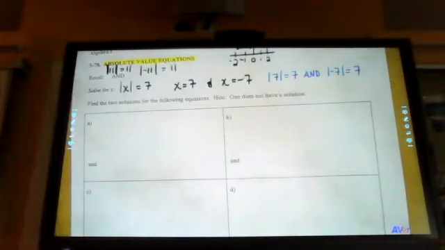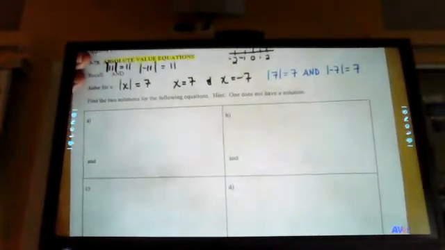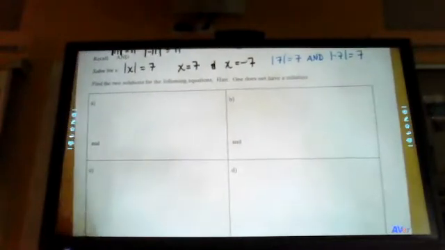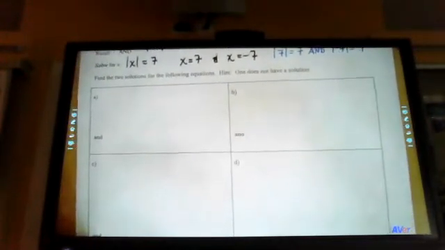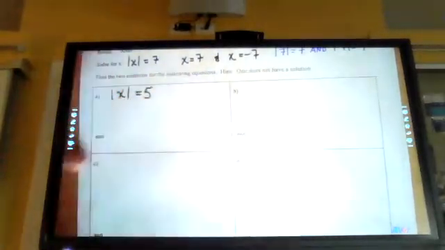Unless it's impossible, you'll see some that have no solutions, but if there's a solution, there will be 2, okay? And so we're going to try 6 problems, and you'll notice the hint, one of them does not have a solution.